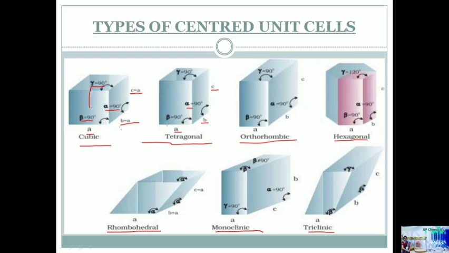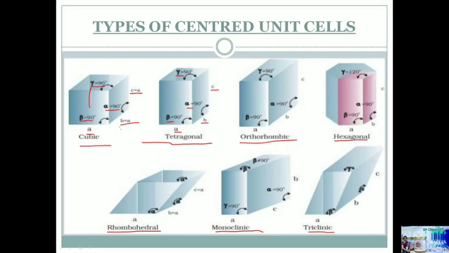Alpha is equal to beta is equal to gamma is equal to 90 degrees, right? Then what are the possible variations? Here two possible variations, that is primitive and body centered. Then as an example of the tetragonal crystal system, you can remember calcium sulfate. And other examples I will provide in a tabular form, you can remember also.